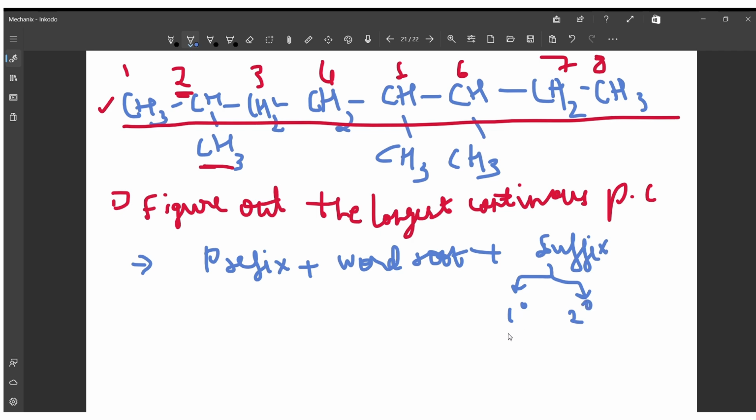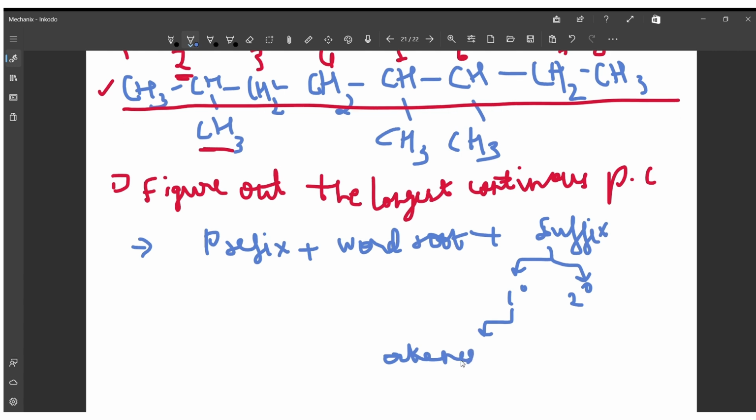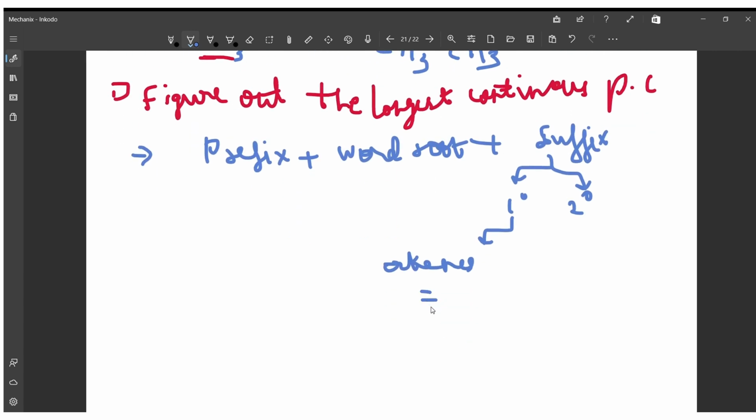So what does the 1 degree suffix actually state? The 1 degree suffix states whether we have any alkenes. Now what I mean by alkenes is the double bond carbon, or the alkynes. That's the triple bond carbon.